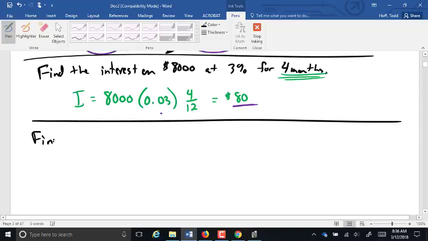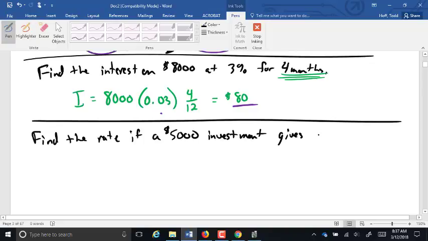We might be asked, find the rate if a $5,000 investment gives $1,000 in interest in 4 years.